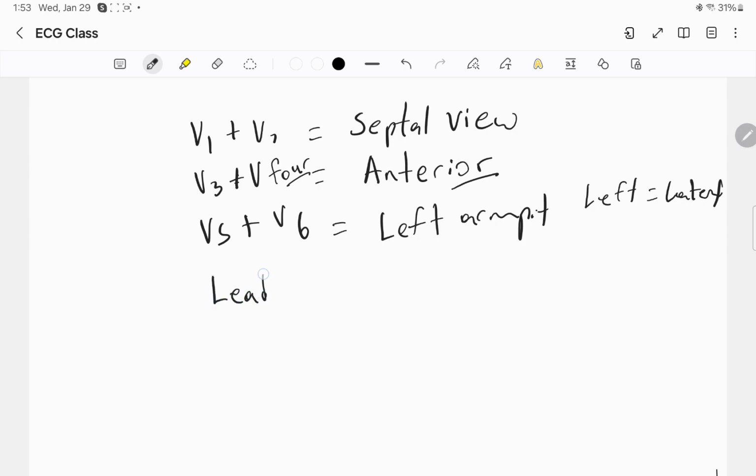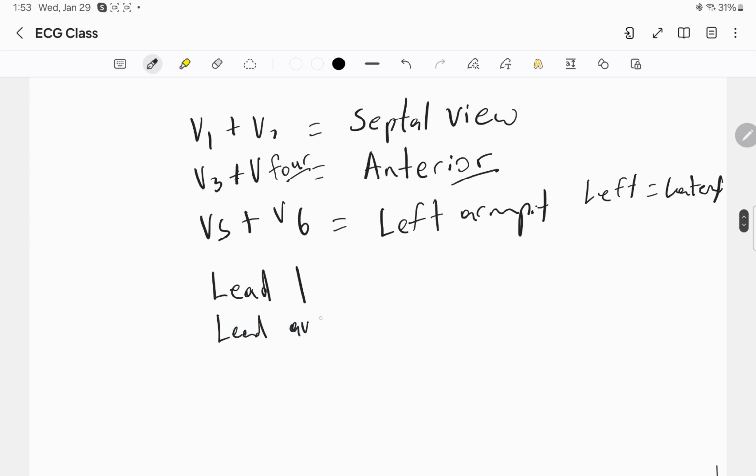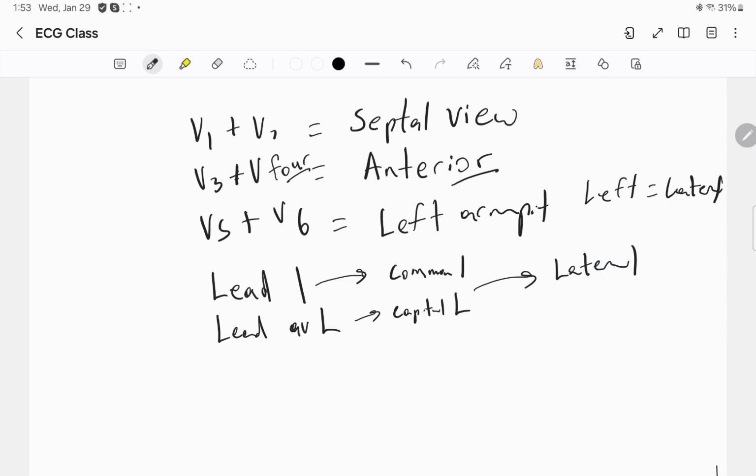Lead 1 and lead AVL: this just looks like a common L, and this looks like a capital L. So all of that just means lateral. Common L, capital L, it's all lateral.